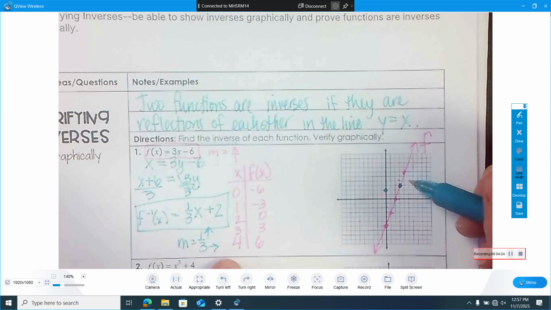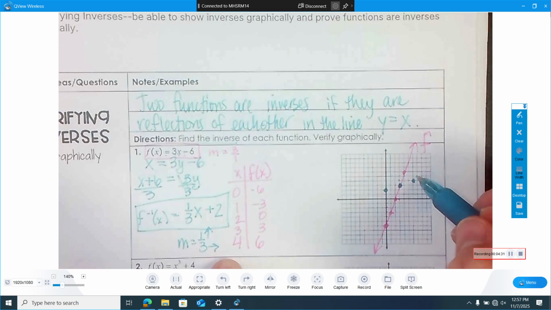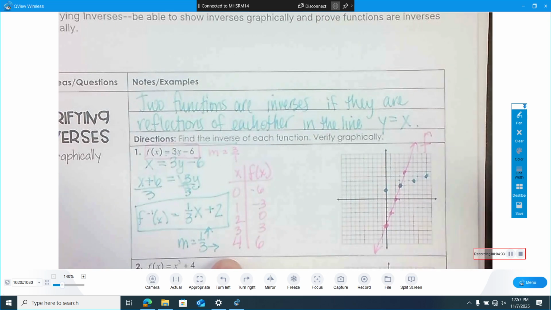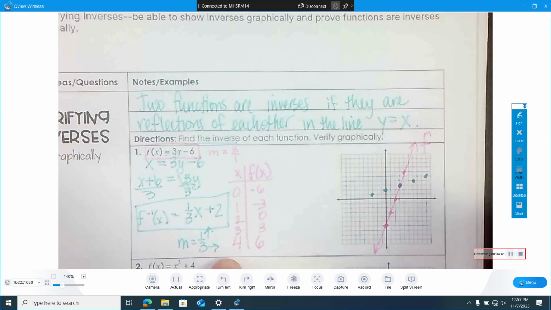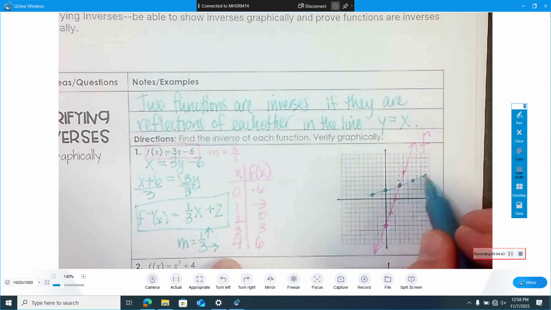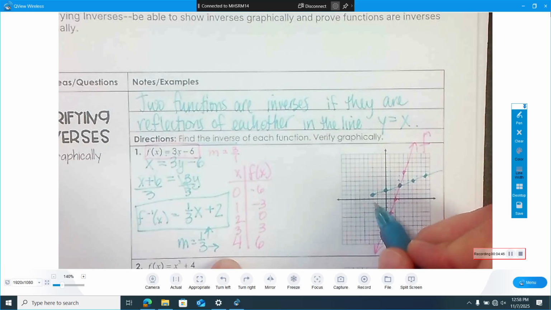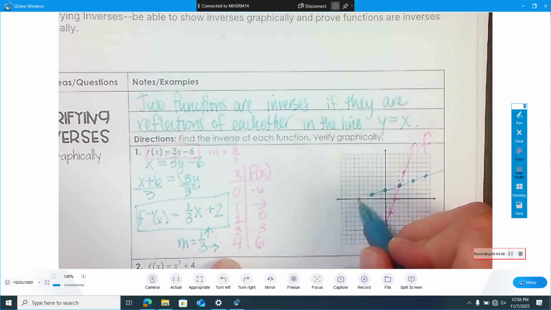And then up 1 and right 3. And up 1 and right 3. I'm going to do it in reverse too, just a second. I'm going to go down 1 and left 3. So I get another point there. Okay, so there's my blue graph. If I did it one more time, I'm going to go down 1 and left 3. Oh, and I'm right there.